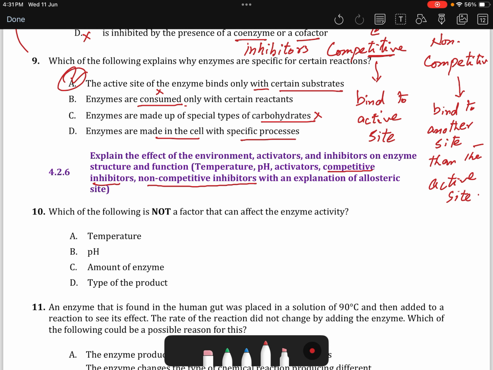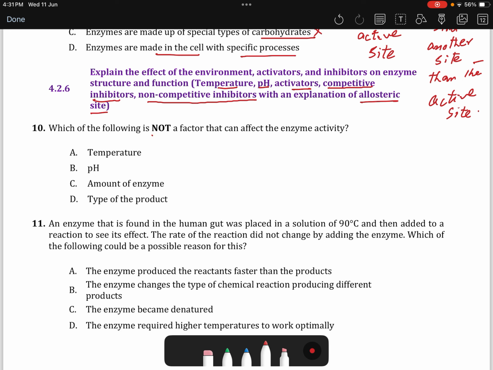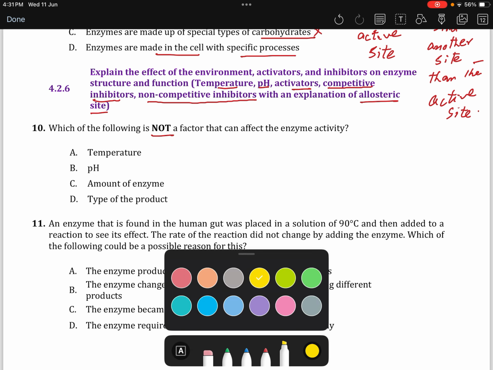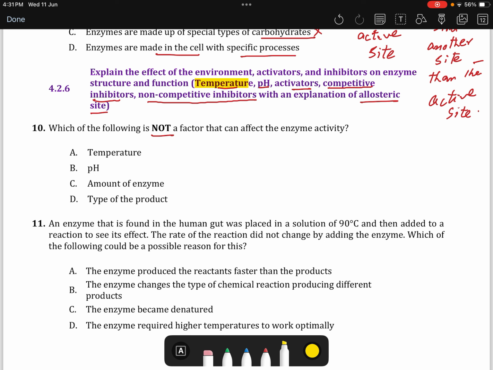Explain the effect of the environment, activators and inhibitors on the structure and function of the enzyme: temperature, pH, activators, competitive inhibitors and non-competitive inhibitors, with an explanation of the allosteric site. Allosteric site is any other site than the active site. Okay. Which of the following is not a factor that affects the activity of the enzyme? Temperature, we just discussed up. pH, yes, it is there.